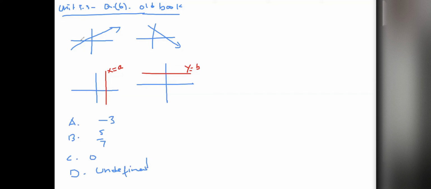Okay, so we have 4 lines. These are the slopes. Choose or match graphs with the following slopes. Something along those lines, right? Yes. Okay.